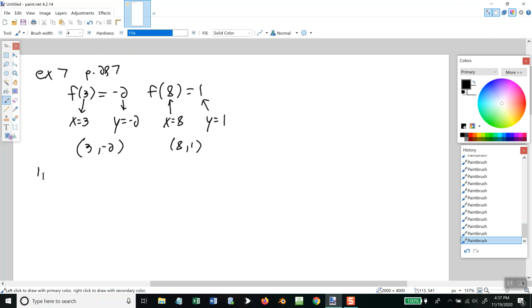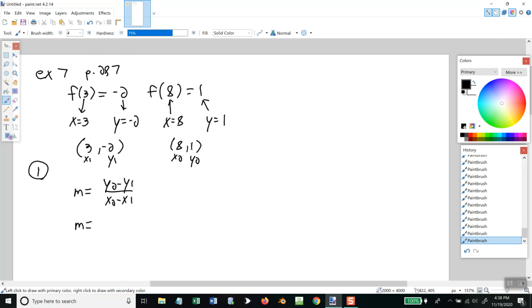Now, our first step in finding an equation of the line is to find the slope. This is my first point, so I'll label this as x1, y1. This is my second point, so I'll label that as x2, y2. m is y2 minus y1 over x2 minus x1.